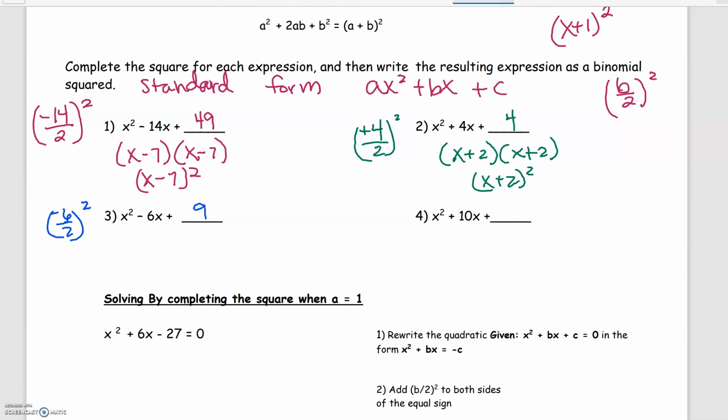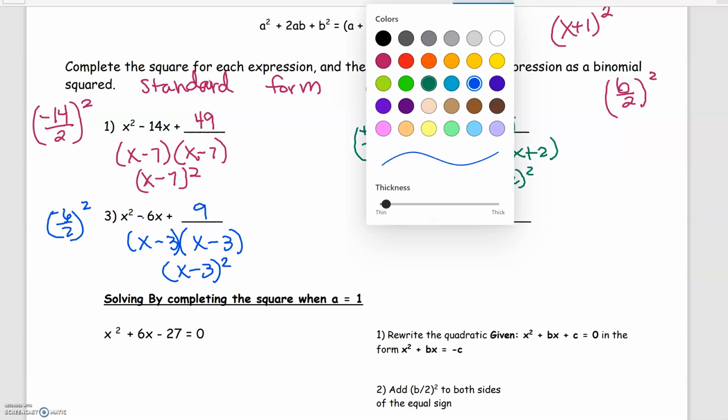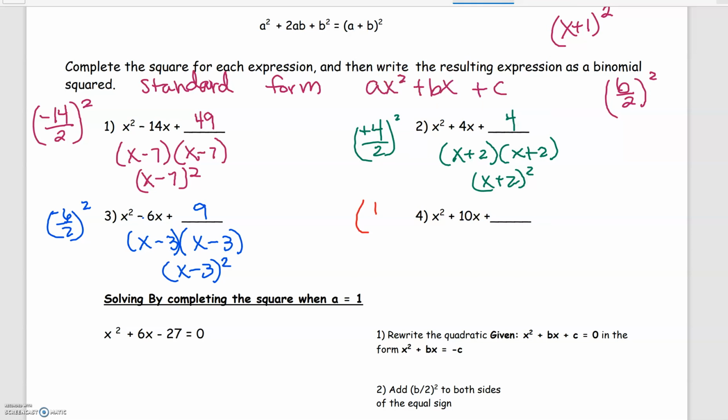So 3 squared is 9, and it would be an x minus 3, because we have a minus, x minus 3, which is x minus 3 squared. Try that last one, 10 divided by 2 squared. 25, so x plus 5. X plus 5, or x plus 5 squared.